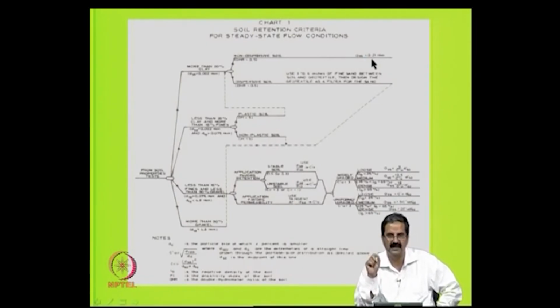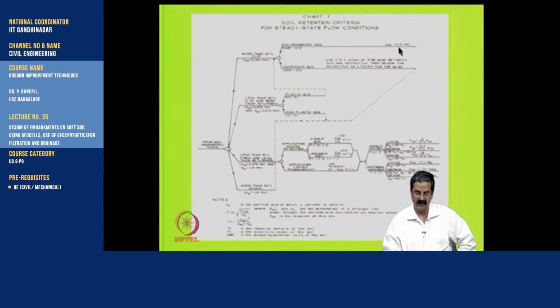Like a geotextile, the size will be so fine that it gives 0.21 here. If it is somewhat dispersive, then you have to put a cushion of 3 to 6 inches of fine sand between the soil and the geotextile. If the material is so dispersive and has a tendency, you need to put a cushion and then put a geotextile, otherwise even the geotextile may not be effective.